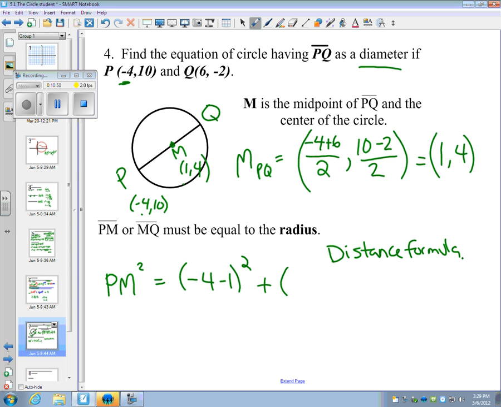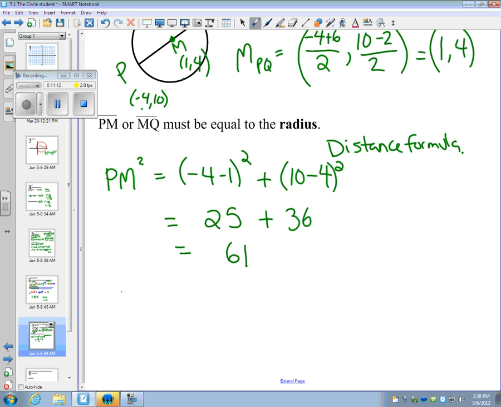And then we take our y values, so 10 minus 4, and square those. Okay? So this is going to be -5 squared, which is 25. This is going to be 6 squared, which is 36. So PM squared is going to equal 61. Therefore, PM, because we're going to square root both sides, is equal to the square root of 61.